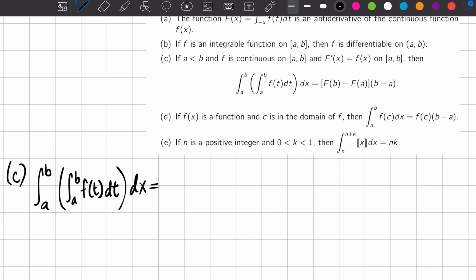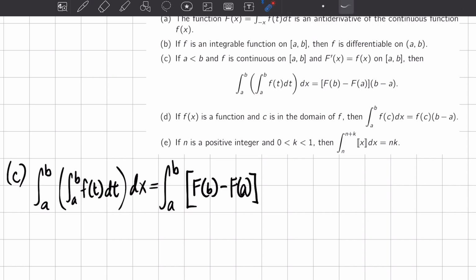So you have the integral from a to b of this one right here. What we know is that F is an antiderivative of your small f. So that would be F of b minus F of a, since the upper bound is b and the lower bound is a.